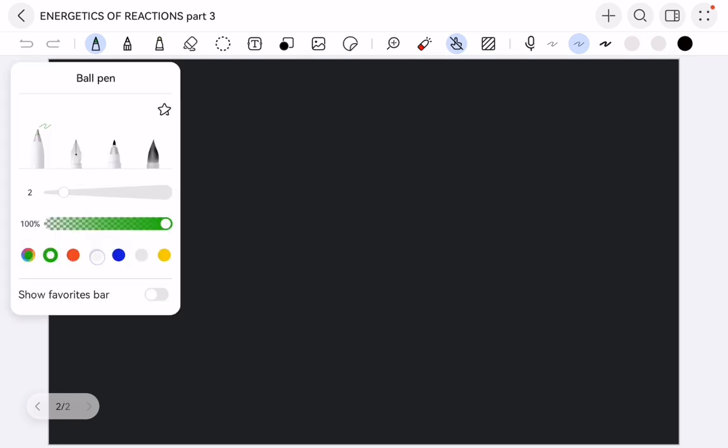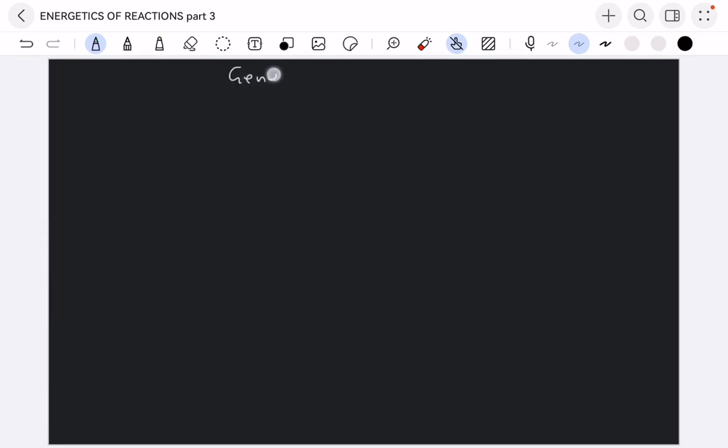Now, if we're looking at a general reaction, let's look at a general reaction of A reacting with B, giving us AB.